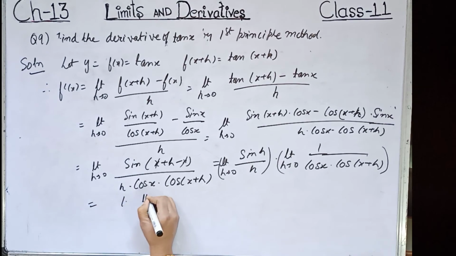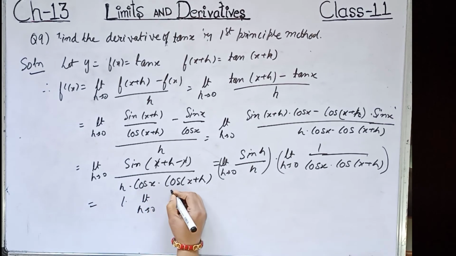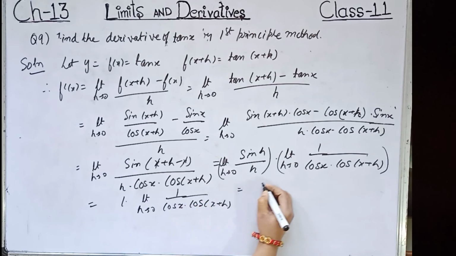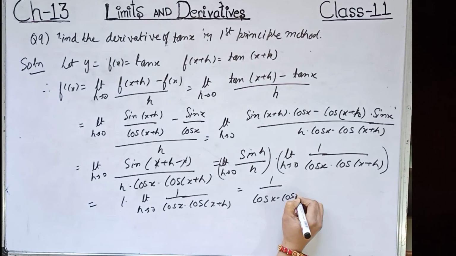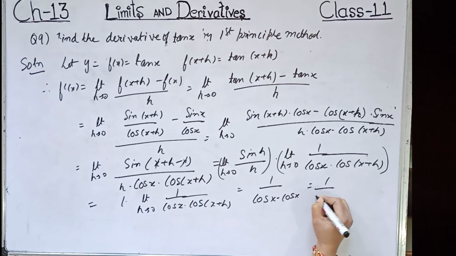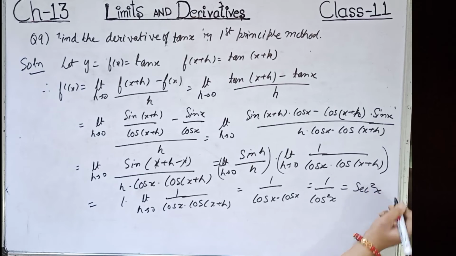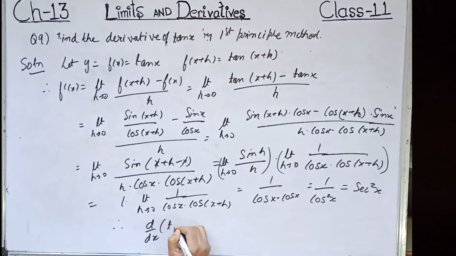So 1 into limit h tending to 0 of 1 by cos x into cos of x plus h. Now we are getting a defined form, so let us put the limiting value. So we are getting cos x into cos x, equals 1 by cos square x, equals sec square x. Therefore d by dx of tan x equals sec square x.